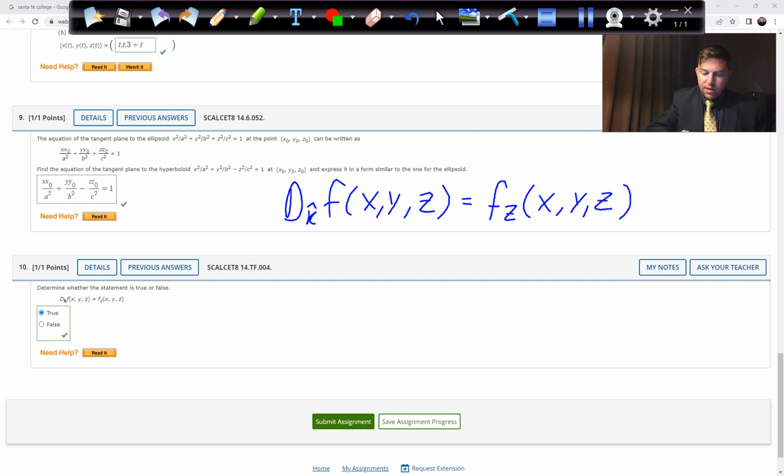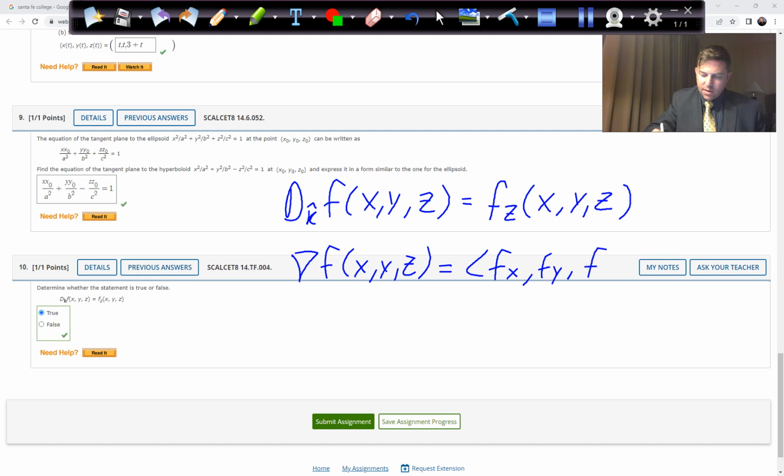Okay, well, the gradient of f(x, y, z) would equal the vector fx, fy, fz. And I should be writing parentheses x, y, z next to each of those, but let's, just for the sake of argument, not write all that. And then the k vector is the unit vector 0, 0, 1.